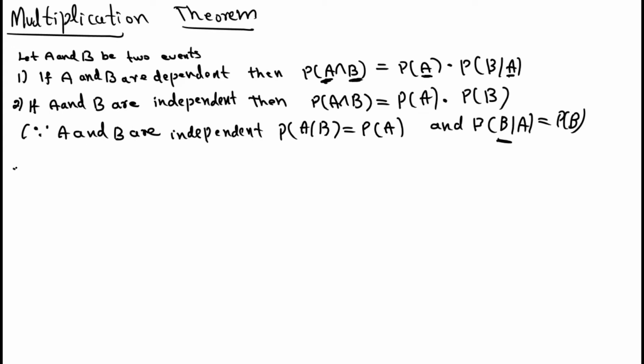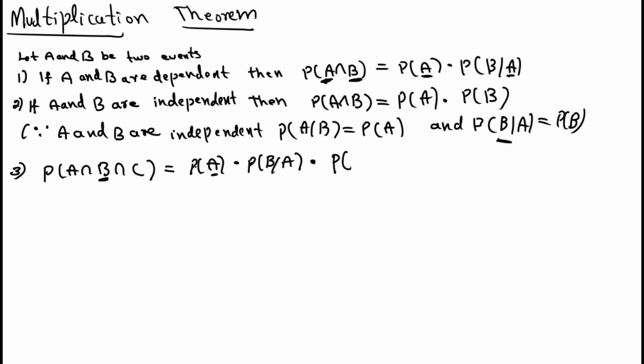You can apply this theorem for 3 events. Probability of A intersection B intersection C, in case the 3 events are dependent, is equal to probability of A into probability of B, but our observation is that event A has already happened, into probability of the next event C, but what's the condition? A and B have already happened.